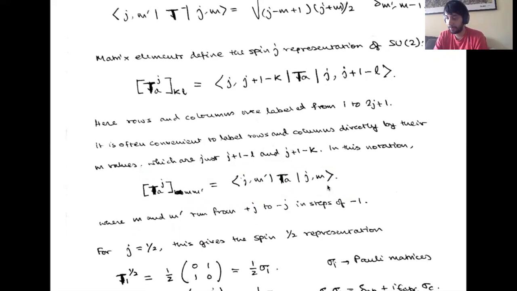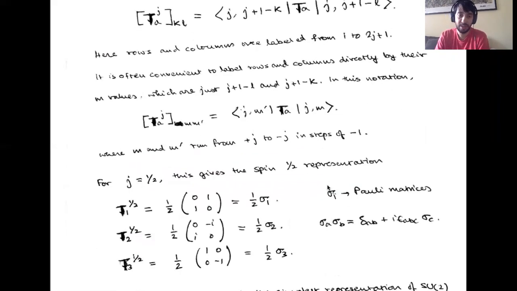Now, for example, the j equal to half representation of this is going to just give you that T1 is half of sigma 1, T2 is half of sigma 2, and T3 is half of sigma 3, where the sigma i's are your Pauli matrices.